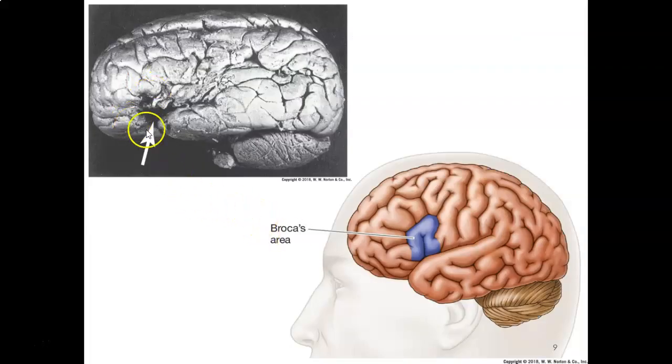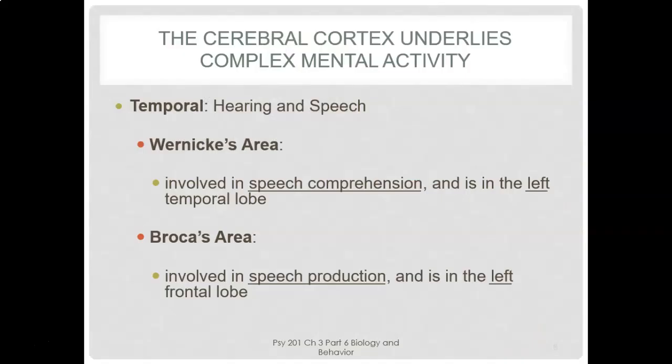Here we see a brain in which this patient had a stroke in Broca's area. And that meant that that person was no longer able to produce speech. Something we will find with stroke victims is that if their speech areas are injured, so if it's Broca's area that is injured, that patient is still trying to speak.